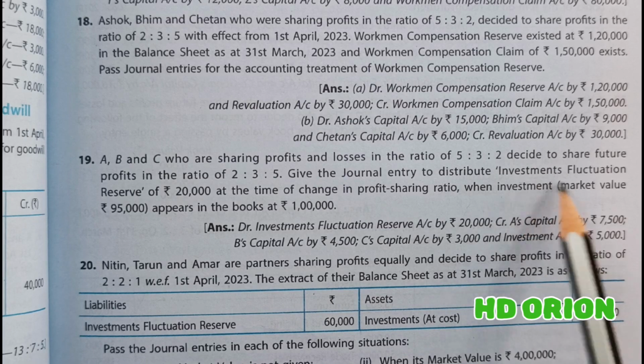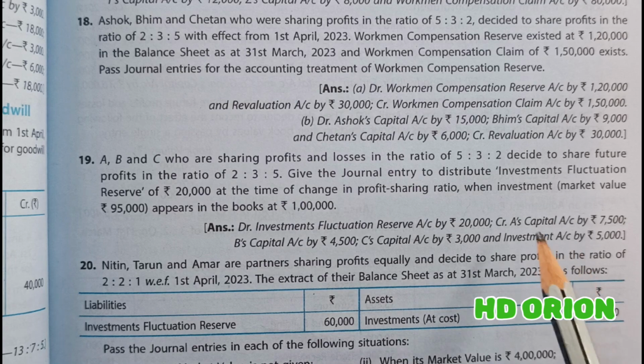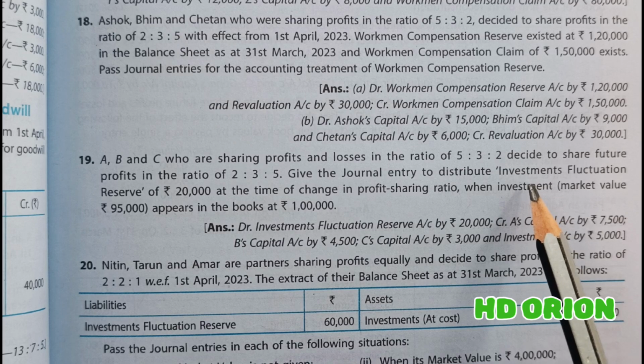So here we should understand what this term investment fluctuation reserve is. As the name suggests, investment fluctuation reserve is something related to investment and the fluctuation of its market value. Because investments are rarely stable in the market, their value increases or decreases every day, every minute, one can say, and therefore the firm has made a reserve, or separated a portion of profit in the name of reserve, to meet the fluctuations of investments in the market.